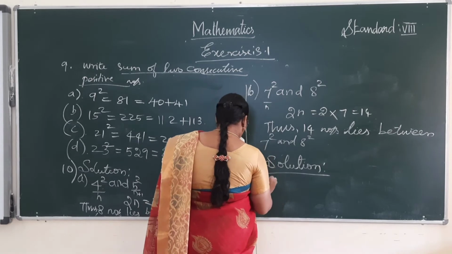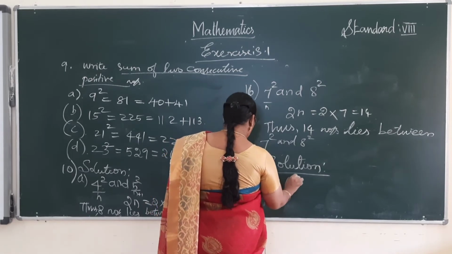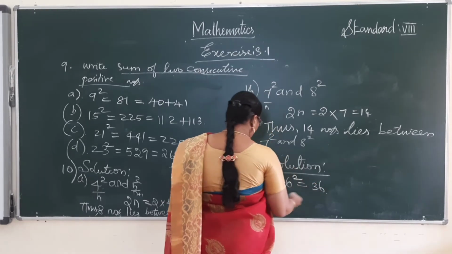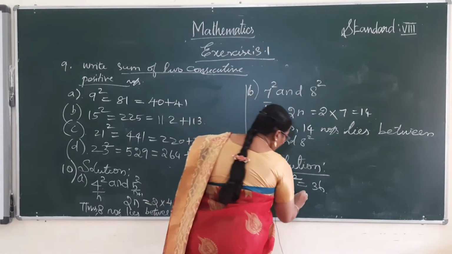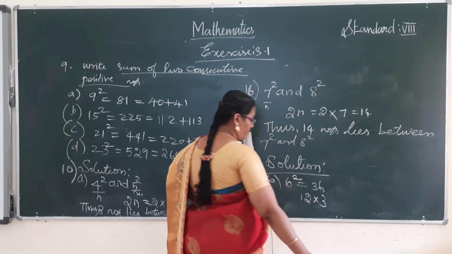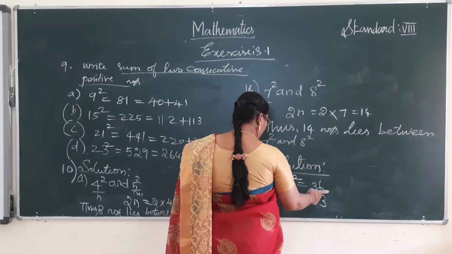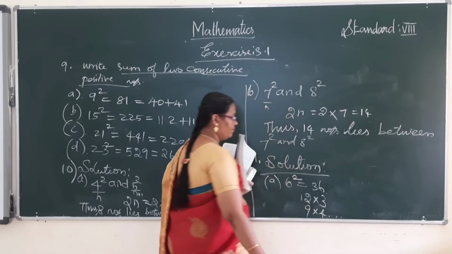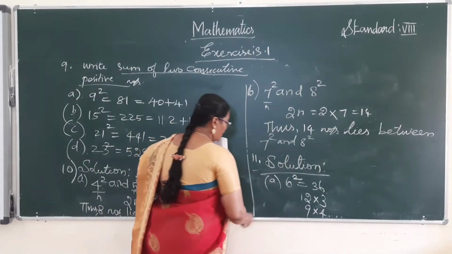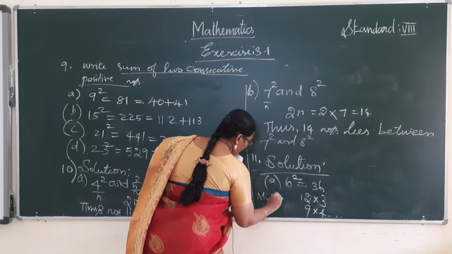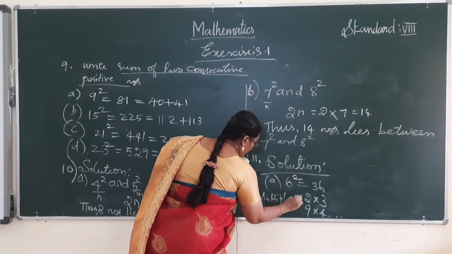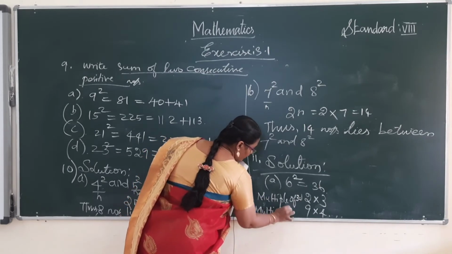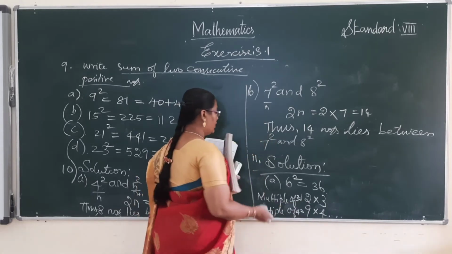So first one, A, 6 square. 6 square, what is the value? 36. How can you write it as a multiple of 3? 12 times 3. And the multiple of 4 is 9 fours.